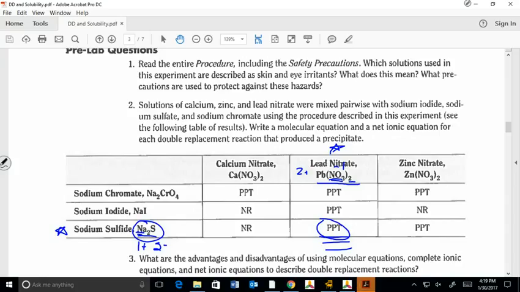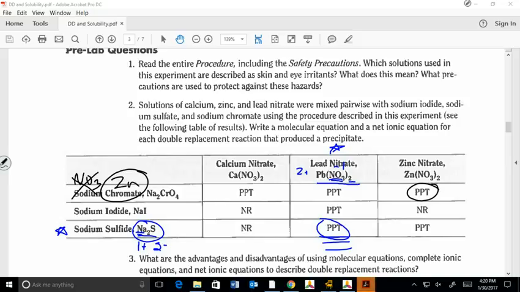If I go back to my results, let's say instead we're going to look over here at zinc nitrate working with sodium chromate. So we know that my zinc is going to work with my chromate, and my NO3 is going to go with my sodium because they're an exchange reaction, double displacement. We know sodium nitrate is aqueous, so this has to be my precipitate, zinc chromate. In this case, it's zinc, which is a 2 plus, going with chromate, that is a 2 minus.